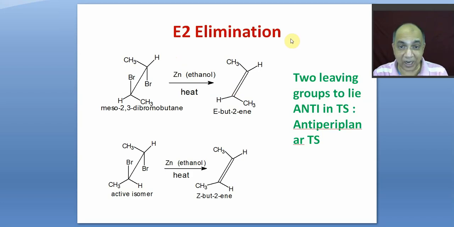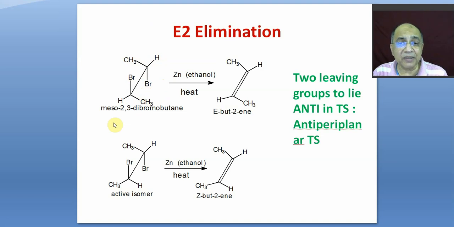E2 elimination. I was talking about a specific case where there is a dibromo compound. This is a vicinal dibromide, 2,3-dibromobutane, and we have taken the inactive meso form. Here there is a center of symmetry, and we can rotate the single bond and visualize a plane of symmetry, right?